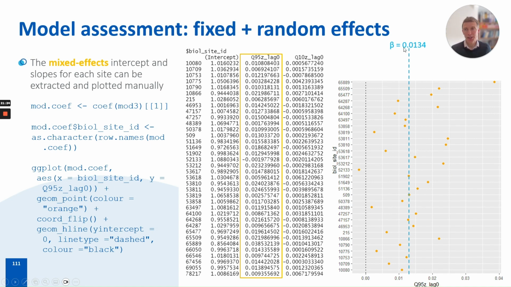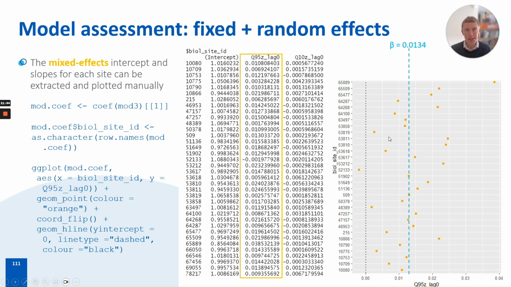The global effect, 0.0134, which is our overall fixed effect, represents the middle of our data set. So that's the strength of the slope for a typical site in our data set. And you can see that some sites have a steeper slope than that, and other sites have a slightly weaker slope.